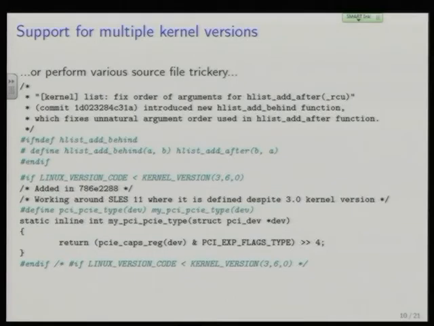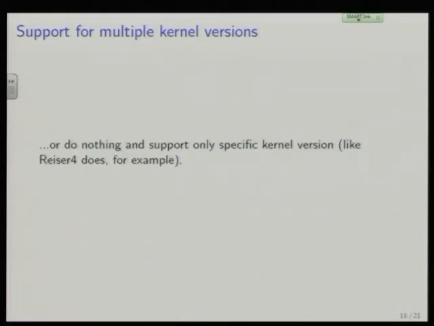I have some examples of that, but that approach is pretty limited because, for example, you can't overcome a difference in the number of function parameters that way. And yet another approach is to do nothing, because you don't care about supporting multiple versions.